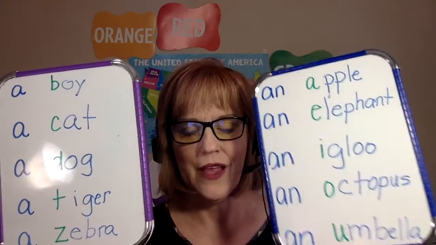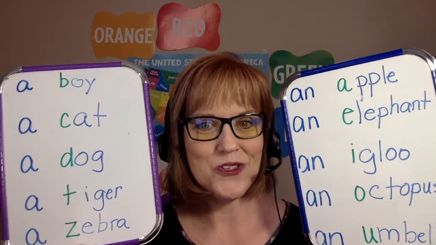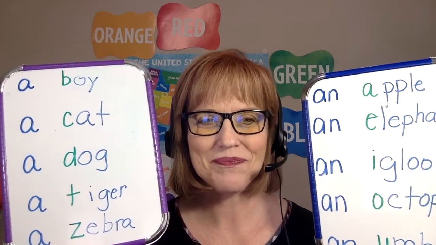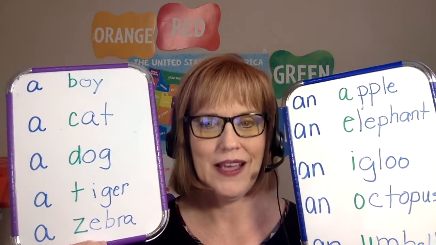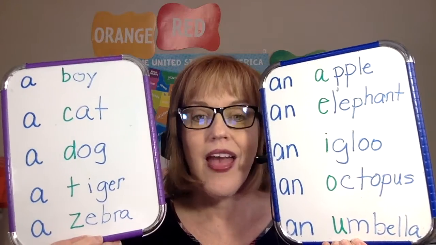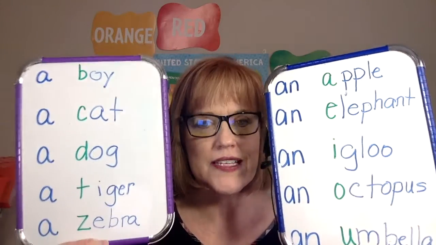And they're able then to discern when to use the word "a" before a word and "an." Also, it helps the parents who try to correct. Sometimes our wonderful parents will say "a apple." And then when I show them it's "an apple," then they understand there is a difference between those two words.